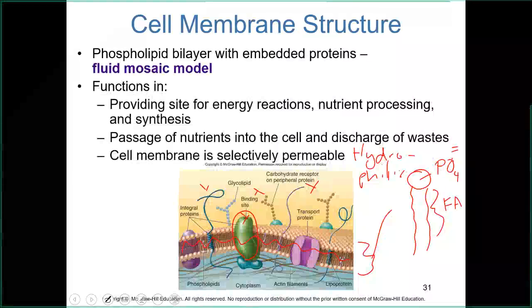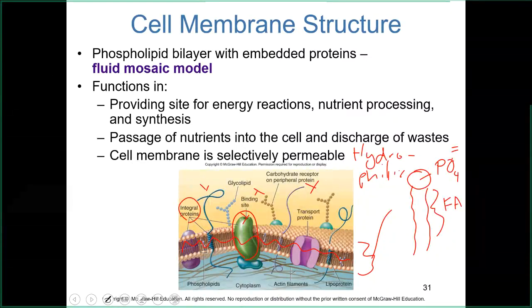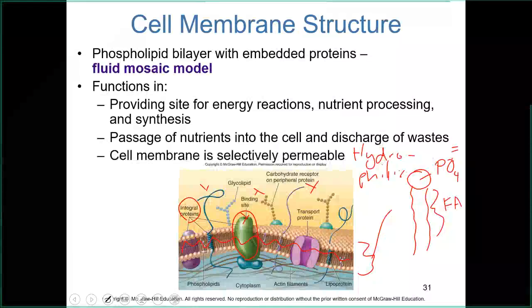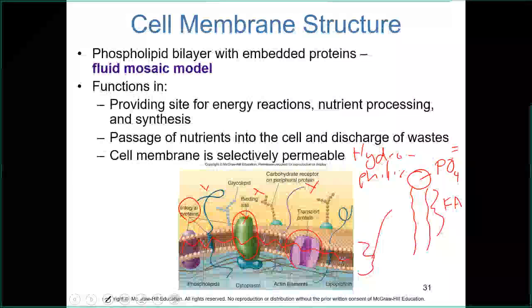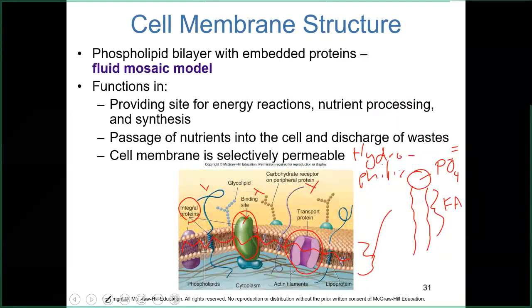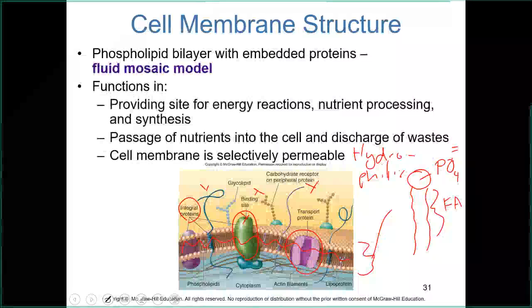But there are receptor proteins like that, and they're described as integral because they're inside of the membrane. They're embedded in there. And then you have proteins like this one that's cut away to show that the interior of that is hollow. And so this is a space through which things can come and go.